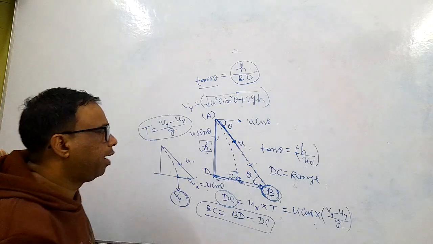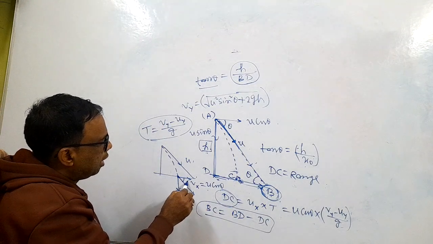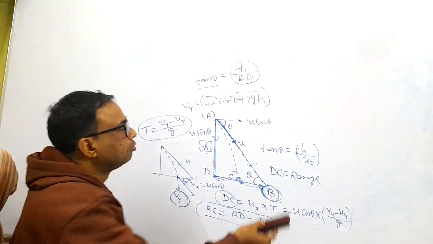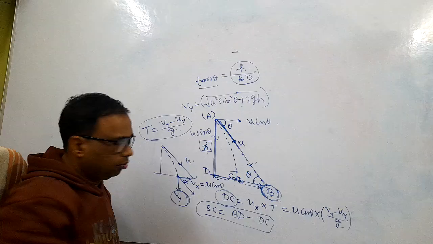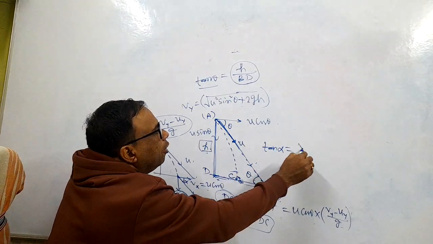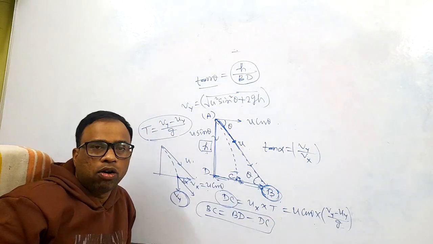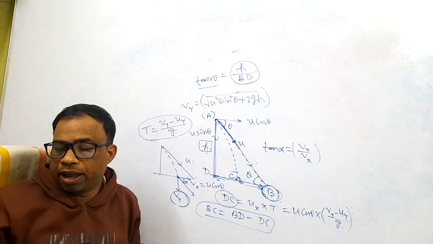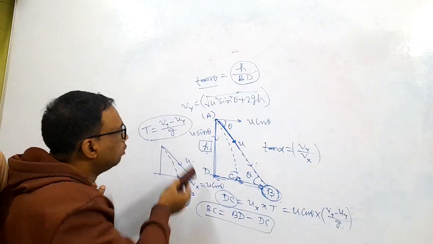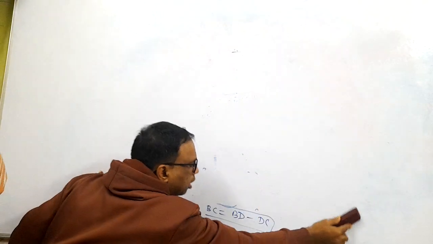Tan alpha means the striking angle. Okay, clear?